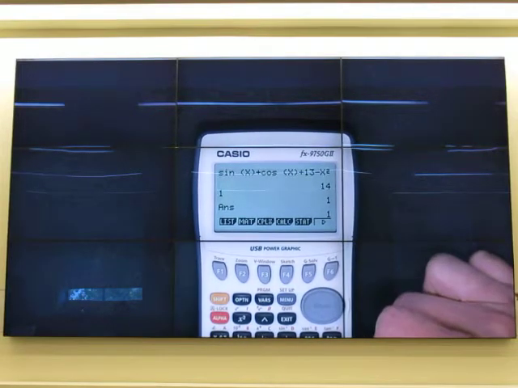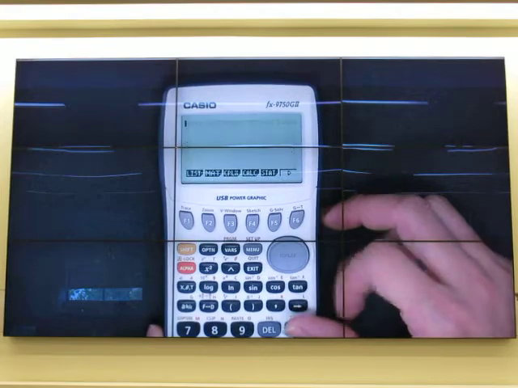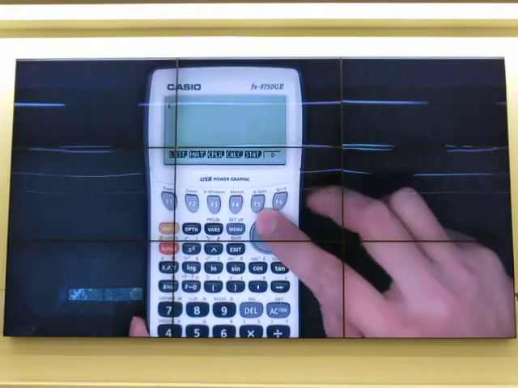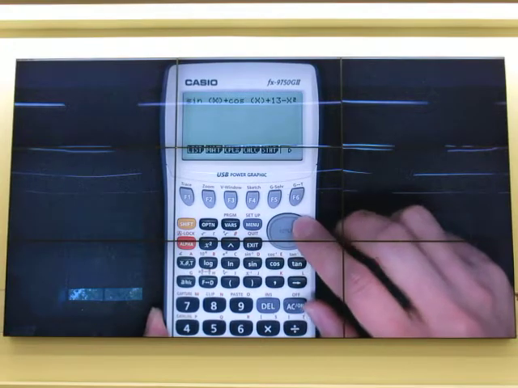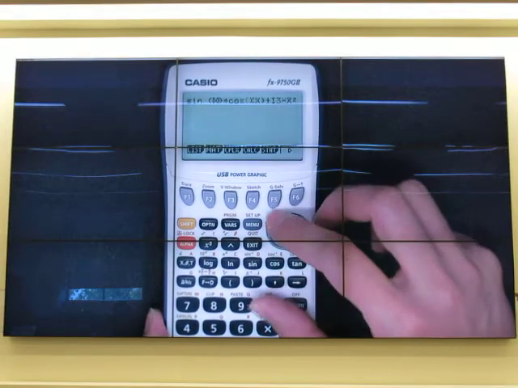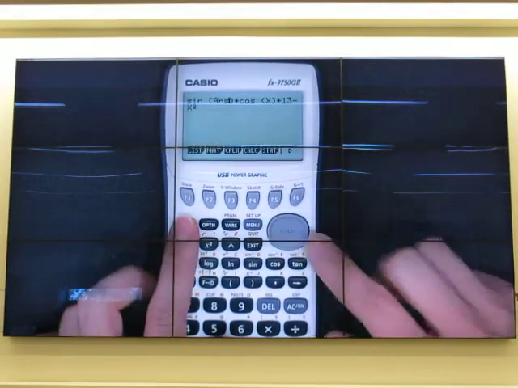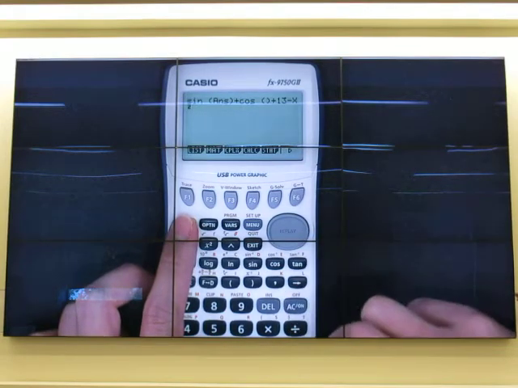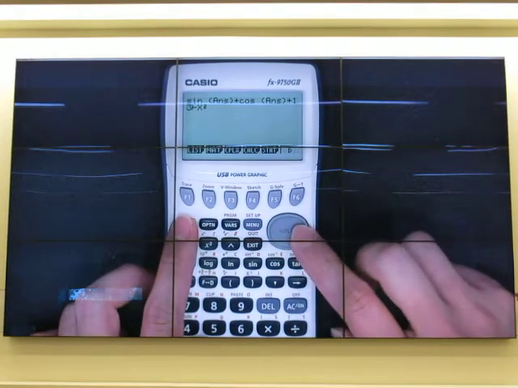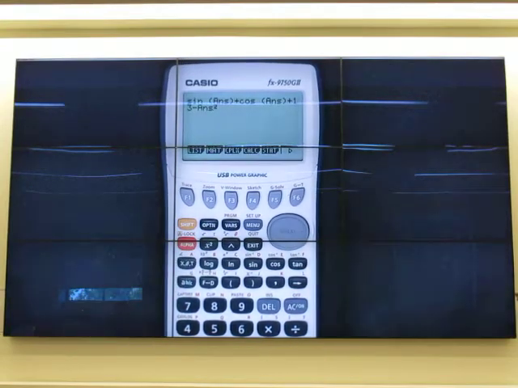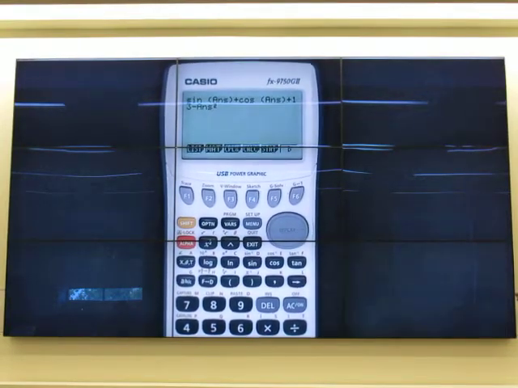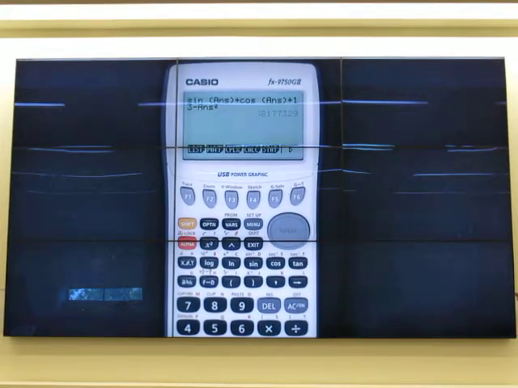I press AC, I go back up, so I change instead of x, I do ANS: sine ANS, cosine ANS, plus 13 minus ANS squared. So let's say my left limit is 1. Okay, I press EXE, so that's 13.3.